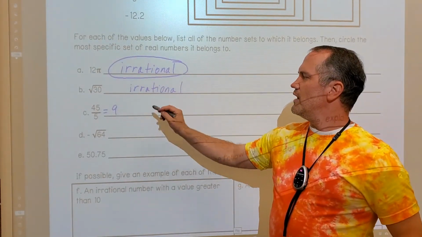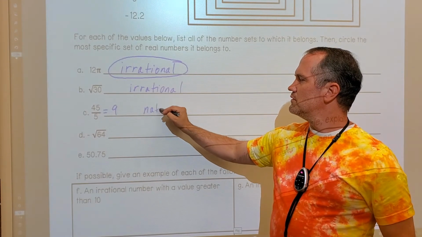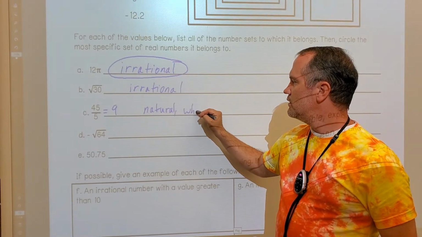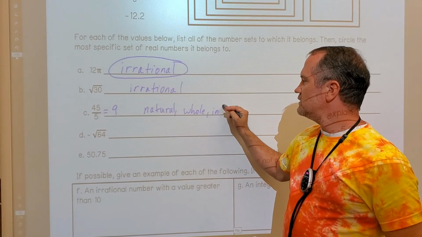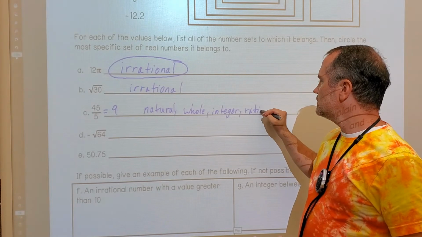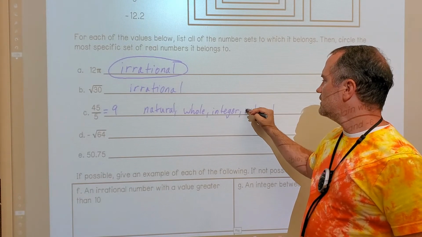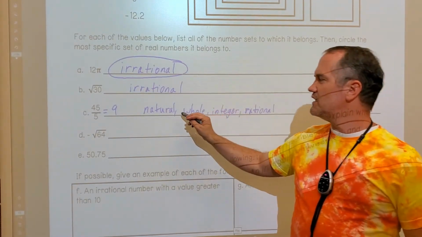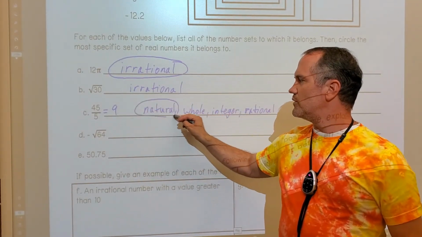Okay, so that one is natural. It is whole. It's an integer. And it's rational. And it's real, of course. So the most specific set is that it is a natural number.